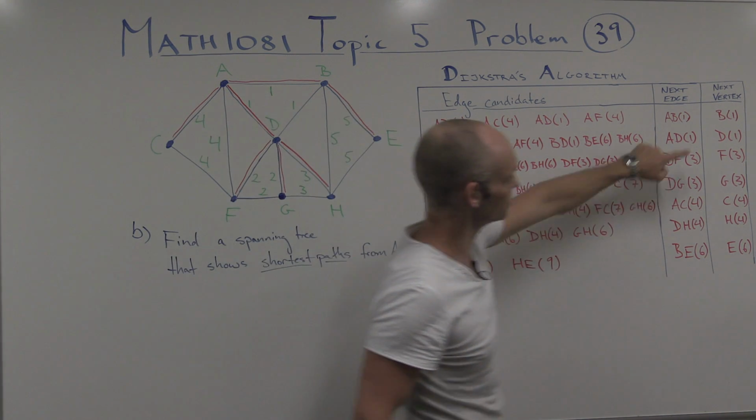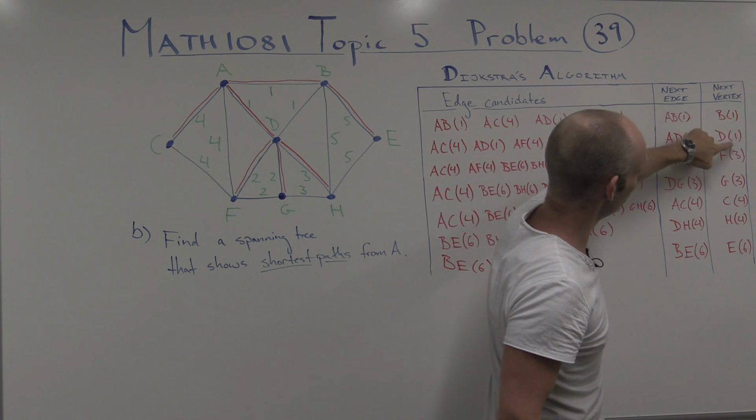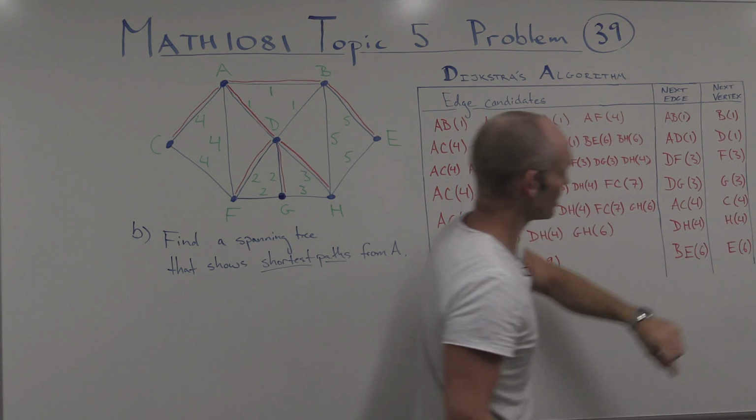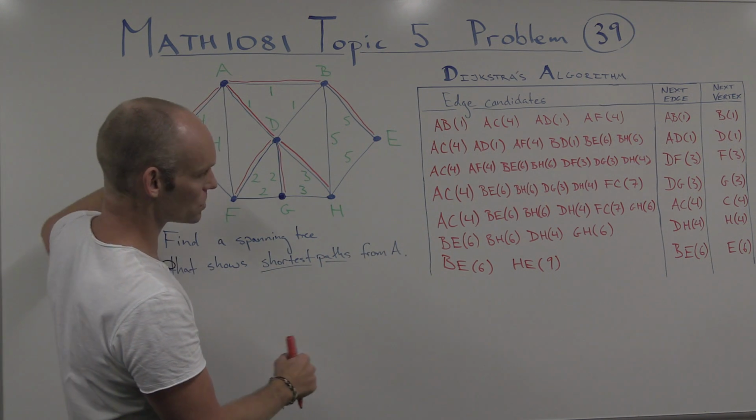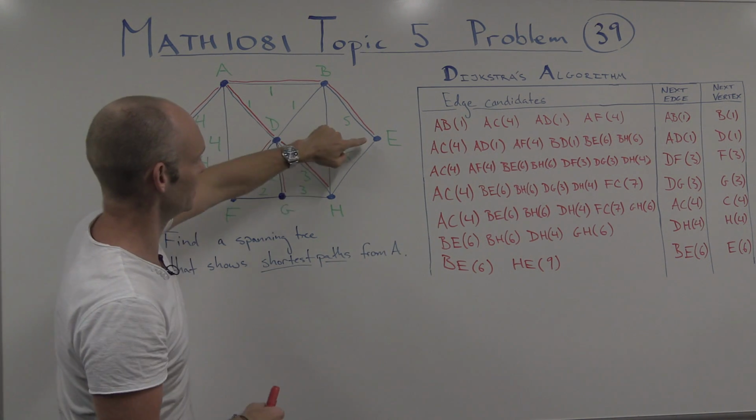And in fact the distances are also given here. 1, 1, 3, 3, 4, 4, 6. They're the distances from B, D, F, G, C, H and E.